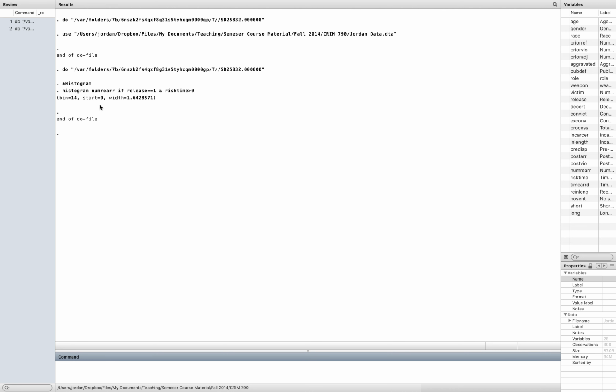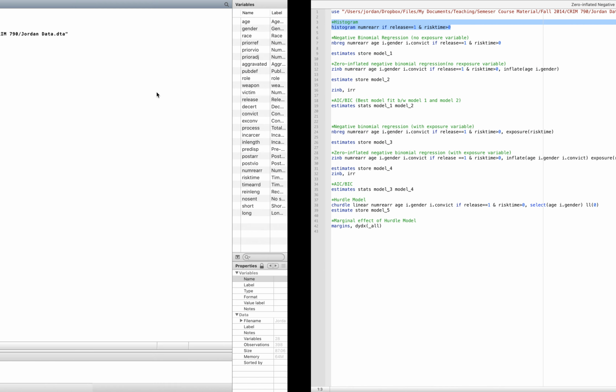Even though for this data we're looking at only those who were released, which technically means the zero-inflated negative binomial regression shouldn't be used because only one source is zeros here, meaning they actually did not re-offend, I'm just doing this to illustrate how you run it, what the data looks like, and how you interpret the data. And I want to draw comparisons to the negative binomial regression that we did last week.